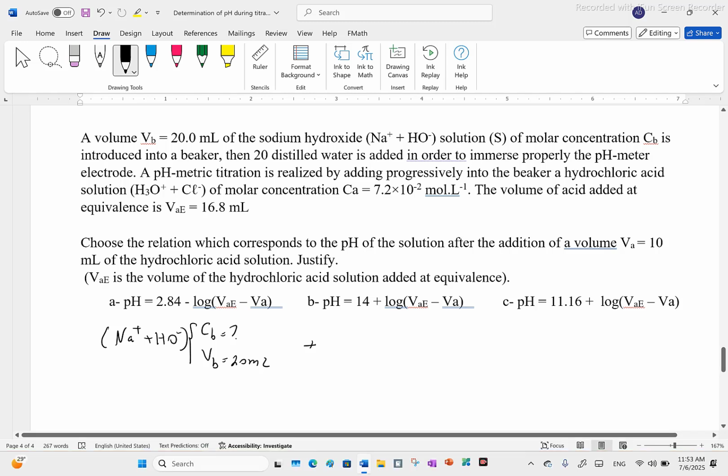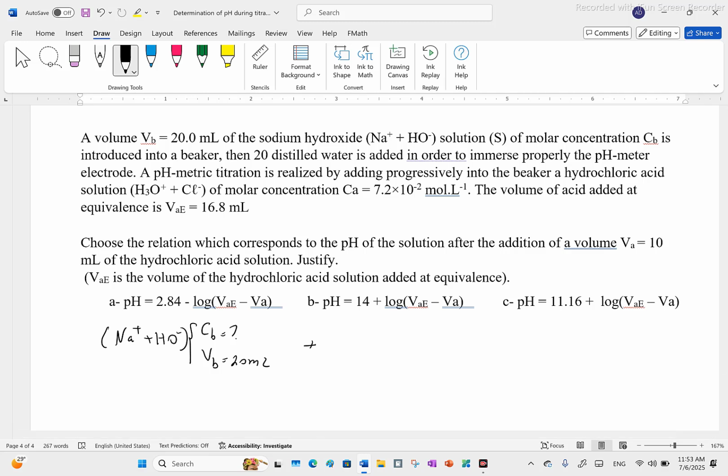Then we realize the pH-metric titration using hydrochloric acid, H3O+ Cl−, of concentration CA equal to 7.2 × 10^-2 mole per liter. The volume of acid added at equivalence equals 16.8 milliliters.